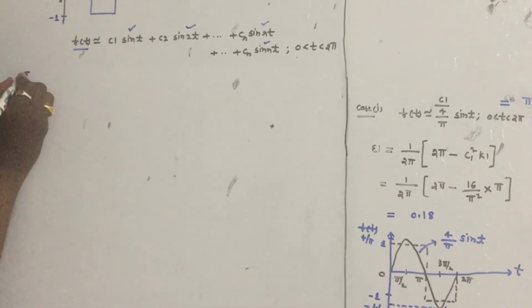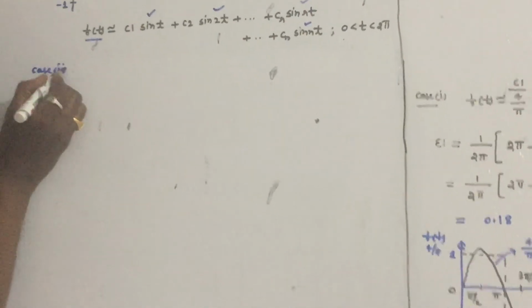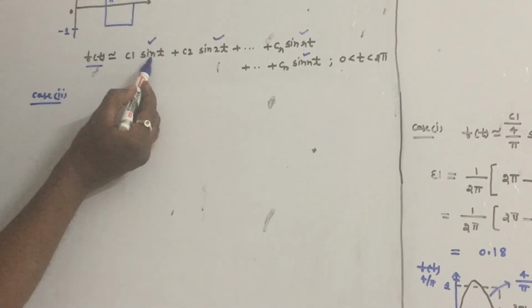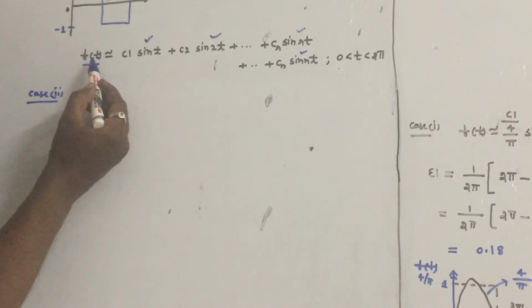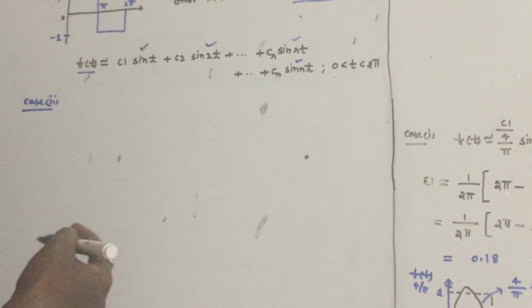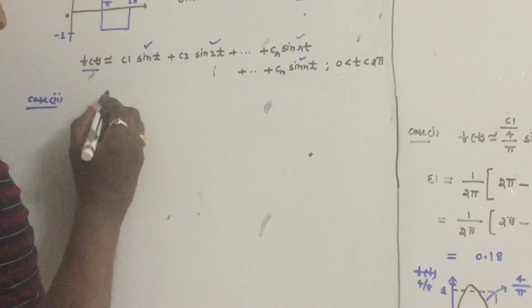Let us take case 2. In case 1 we approximated f of t with only one orthogonal function. Now we approximate f of t with two orthogonal functions. Let us see how it comes.